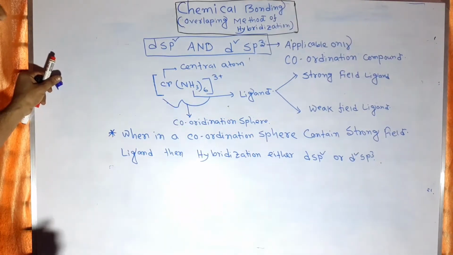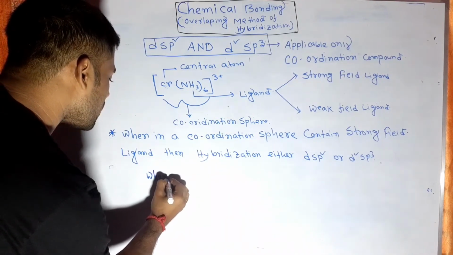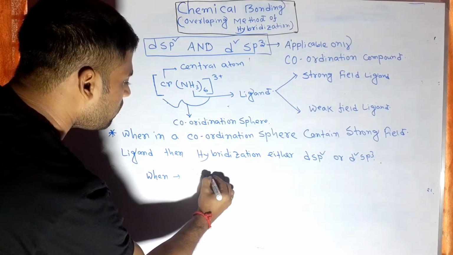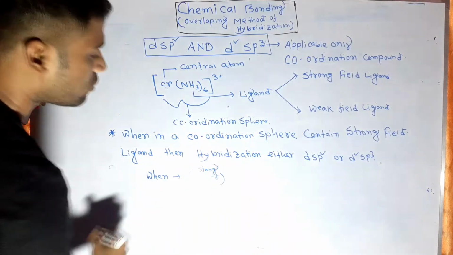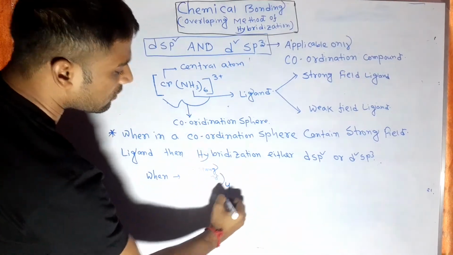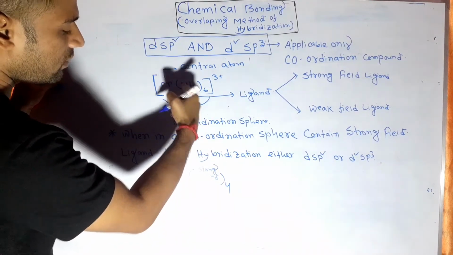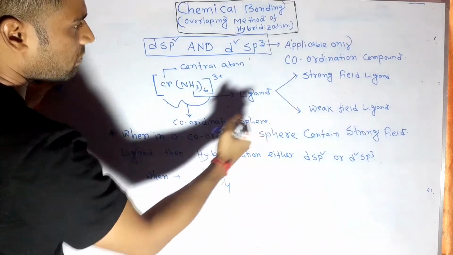In which condition is the hybridization dsp2? When the ligand inside the first bracket is a strong field ligand and the suffix is 4, then the hybridization must be dsp2. Ligands are of two types, strong field and weak field.